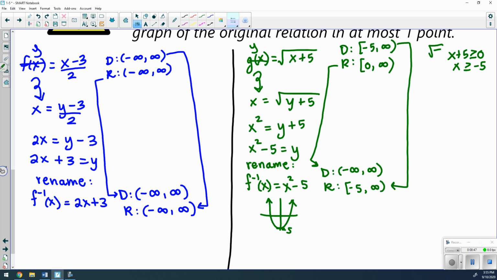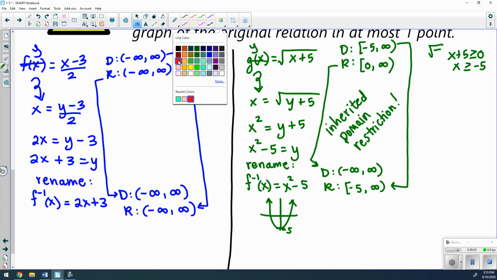I have a situation where there is an inherited domain restriction. Because there's an inherited domain restriction, I have to go through and back out that negative infinity, and I have to lock it in to 0 to infinity.